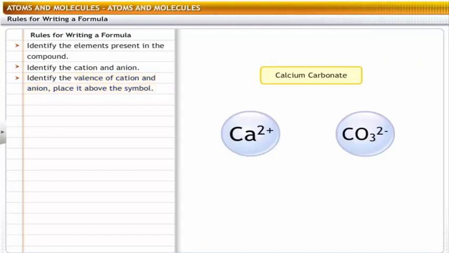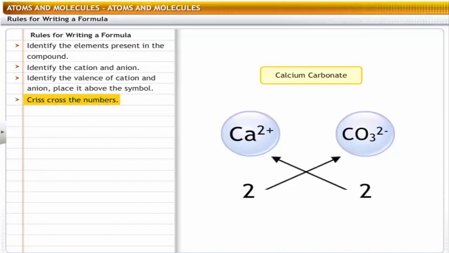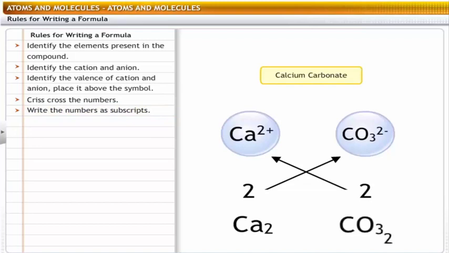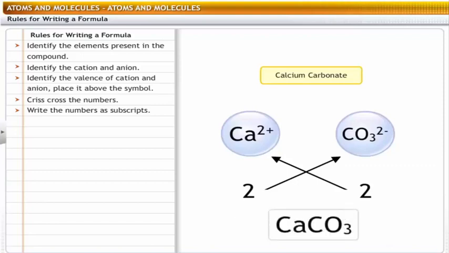For example, the valency of calcium is 2 and the valency of carbonate is also 2. Then cross-multiply the valencies. Now write the numerals as subscript right after the respective symbol, Ca2 and CO3 2. In case of calcium carbonate, both the valencies are 2, hence the formula is CaCO3.